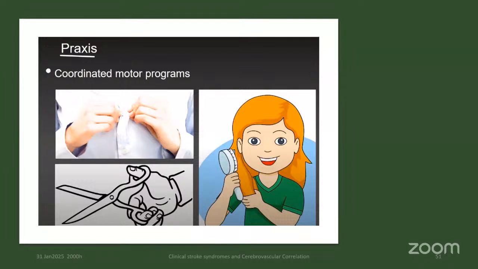Now comes the praxis part, the coordinated motor programs. You want them to show how you button up, how you use scissors, how you use your brush. Here, there is no motor deficit, there is no sensory deficit, everything is normal. Still they are not able to perform the learned motor functions. This is called apraxia. The function is called praxis, and when you lose it, it is called apraxia.